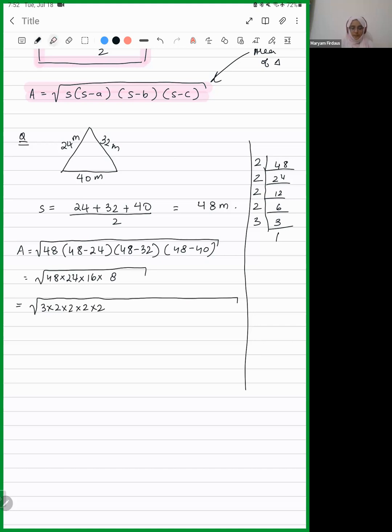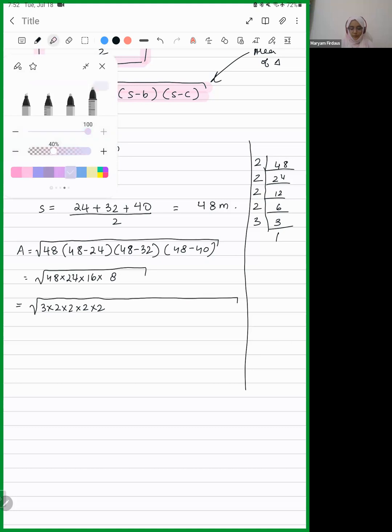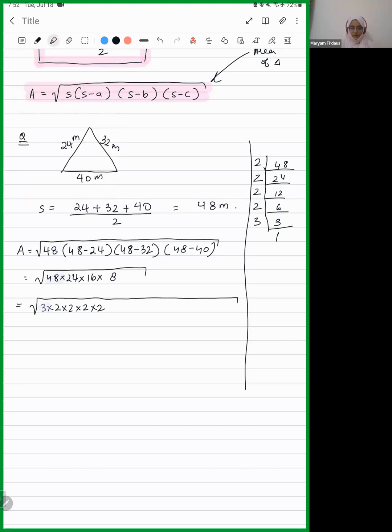Next, 24. Remove this part. That is going to give you the prime factorization of 24. What is that? 2 is being multiplied 3 times and 3 is there 1 time. So that's 2 into 2 into 2 into 3.